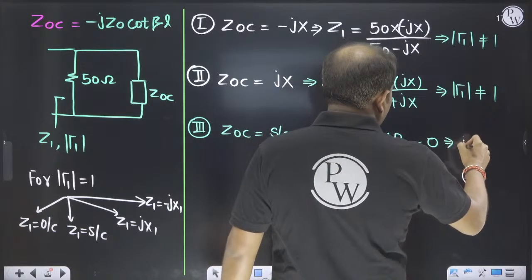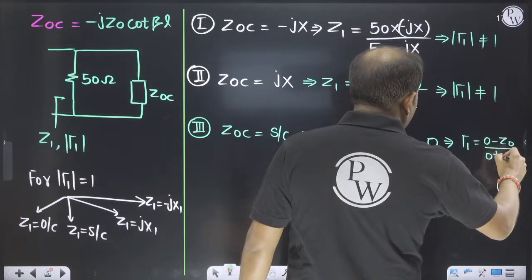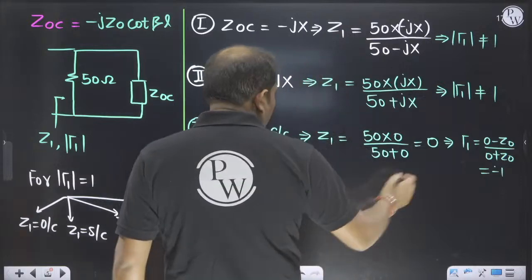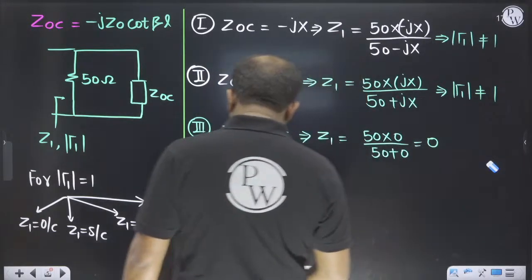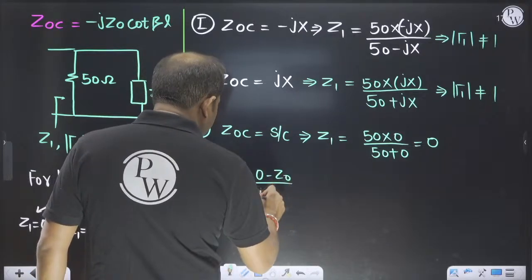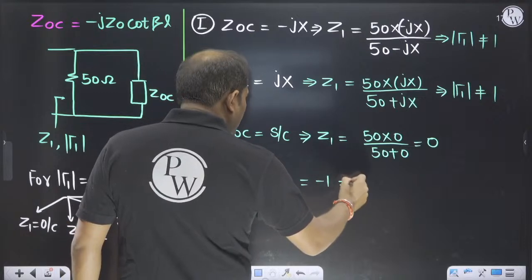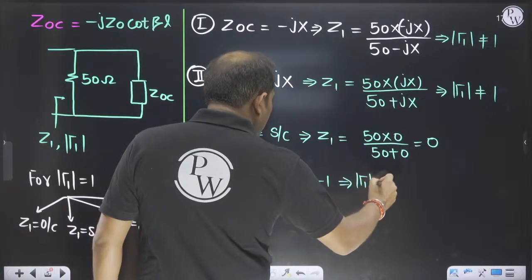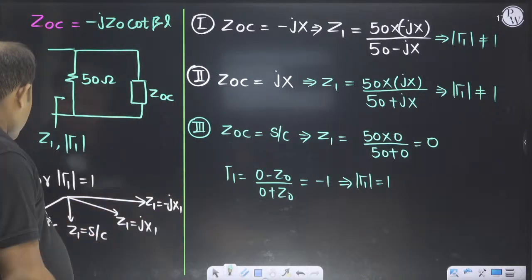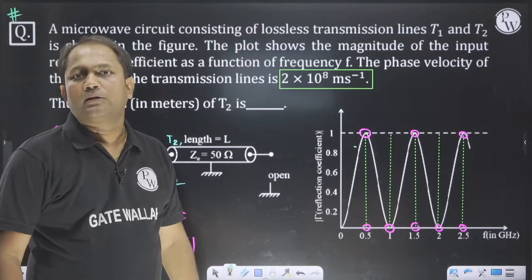That means you will get gamma 1 is equal to (0 minus Z0) by (0 plus Z0), which is equal to minus 1. So gamma 1 is equal to minus 1. So magnitude of gamma 1 is equal to 1. So this is the condition. At this condition, the magnitude of reflection coefficient is 1. So I will consider this and I will solve this.